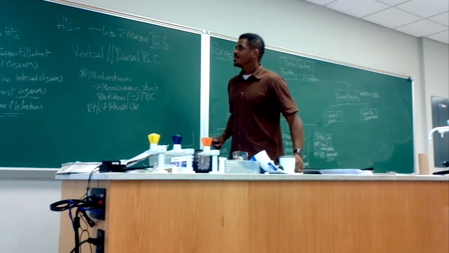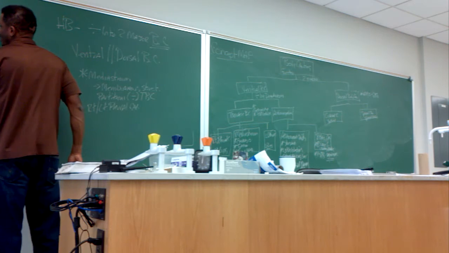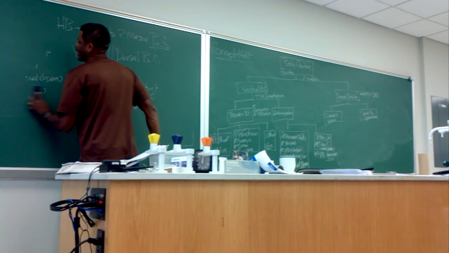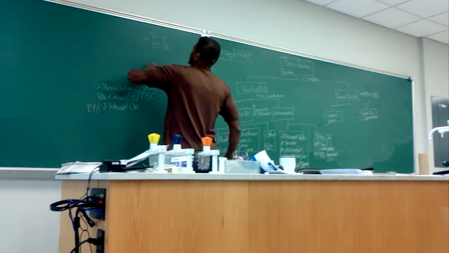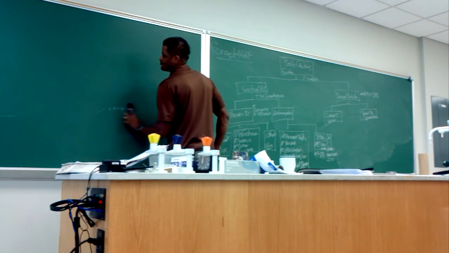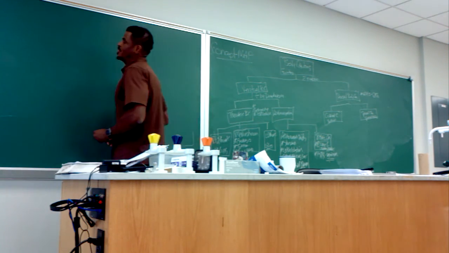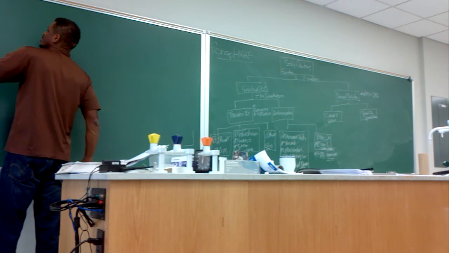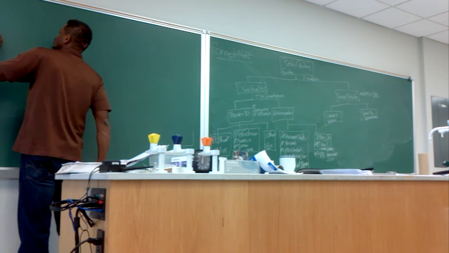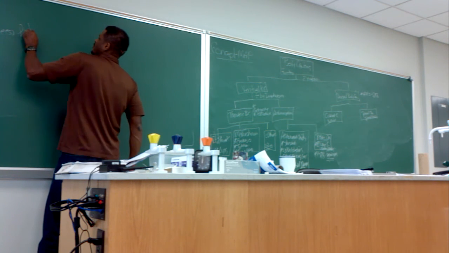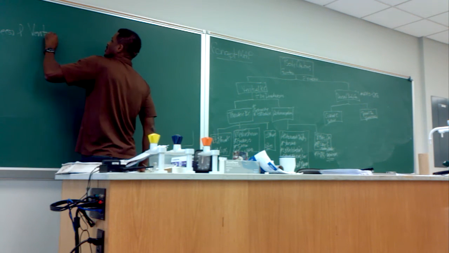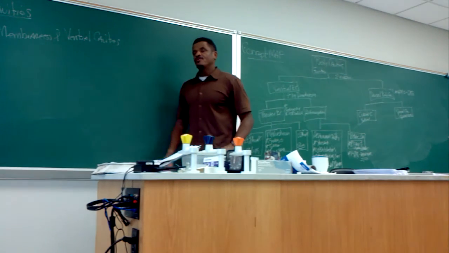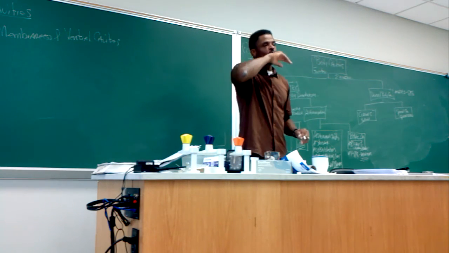Now when we take a look at the ventral body cavities, we want to identify some associated membranes. So we have the associated membrane of the ventral cavities, and we have what is called the serous membrane or the serosa.